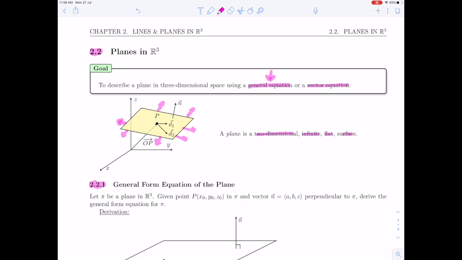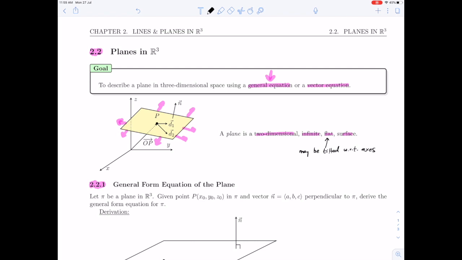Also, something to watch out for is that when we say flat, that does not mean necessarily parallel to the axis. Planes may be tilted with respect to the axes. They might be parallel, but they don't need to be.